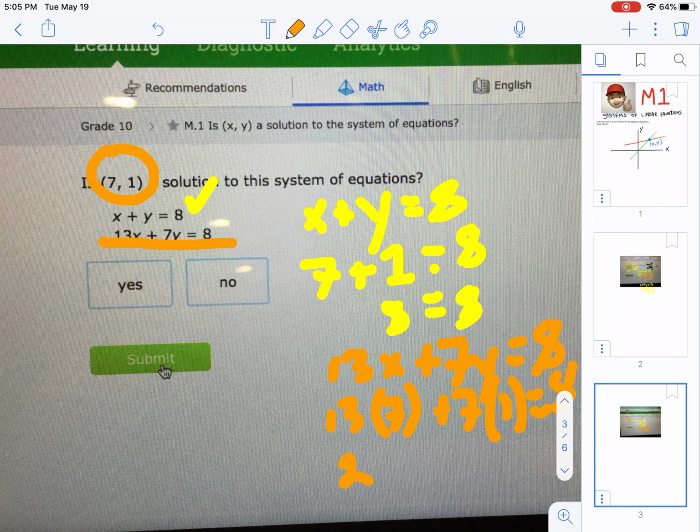So that's going to be 21 plus 7 does not equal 8, because 28 does not equal 8. So since those are not equal, we would say no, this point is not a solution to the system of equations.